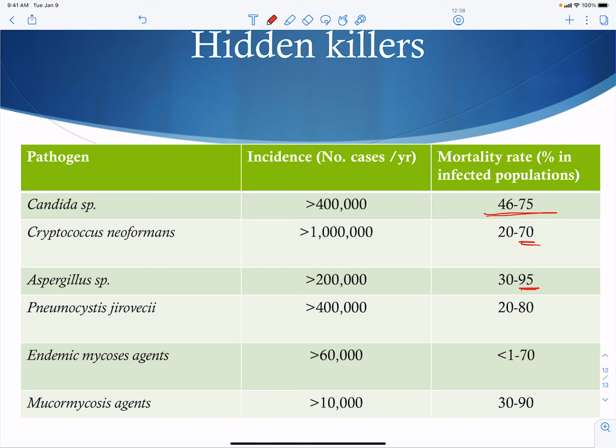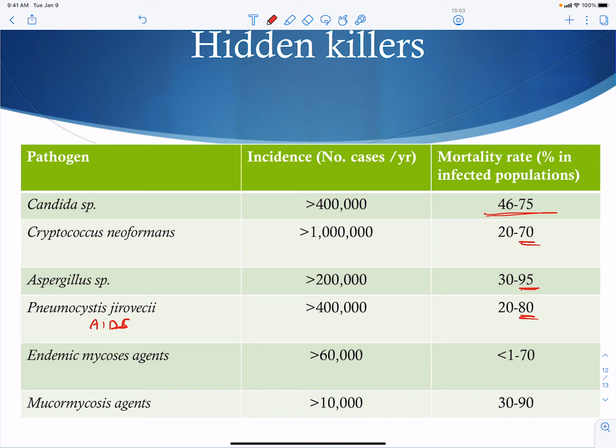In our immune competent state, we are able to control that and we don't get affected by Aspergillus. But a person who has some sort of immune compromise, or is debilitated, is highly susceptible. Pneumocystis jirovecii is very common in AIDS patients, and it has a very high mortality rate in those patients.